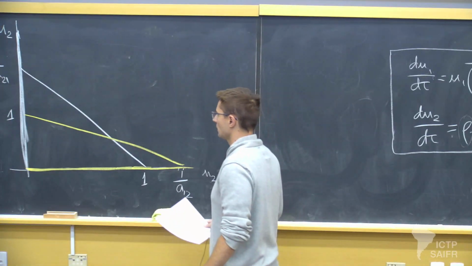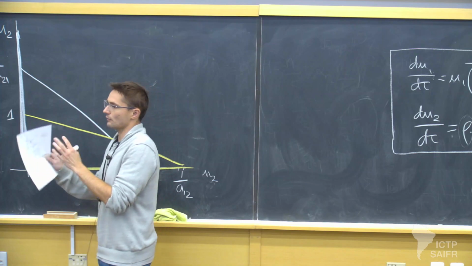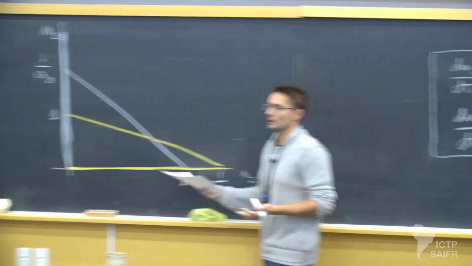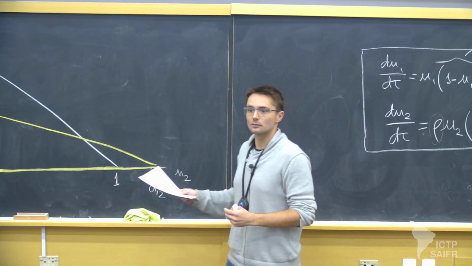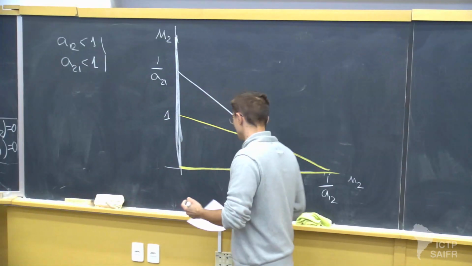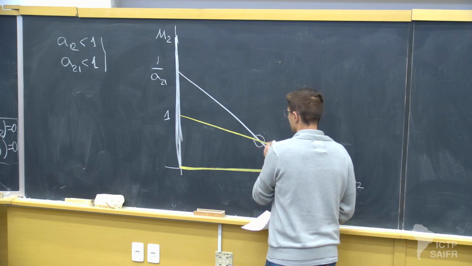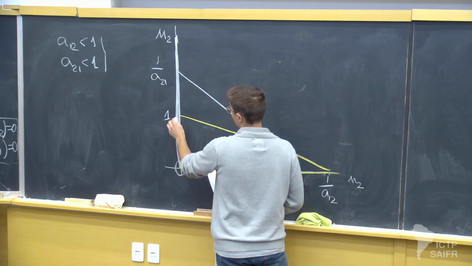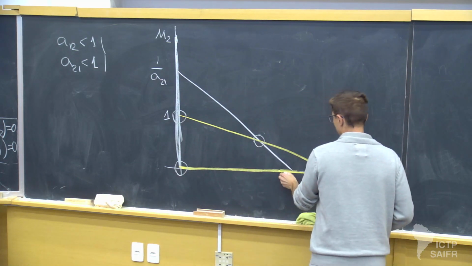Okay. Now notice that because we have different slopes, we have the non-trivial steady state for positive populations. So now the fixed points that we have are 1, 2, 3, and 4.